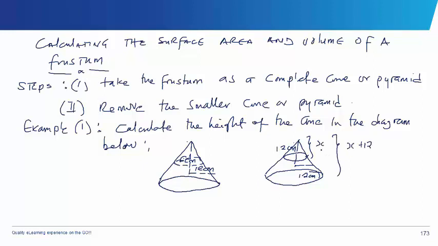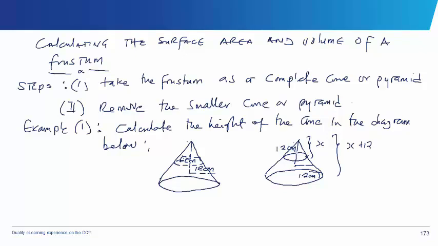From this point, the height of the smaller pyramid is x, and the height of the bigger pyramid is x plus 2. These are the things we have to know about this cone. For the smaller pyramid, r is equal to 6 centimeters.